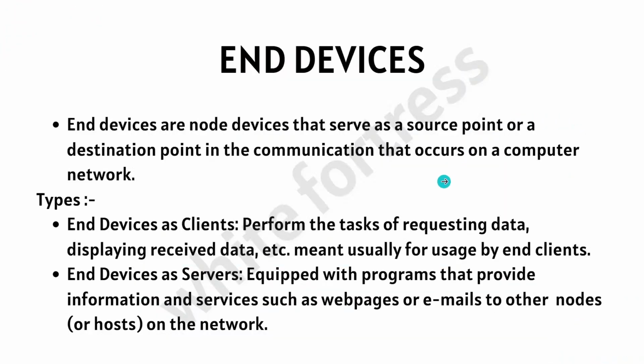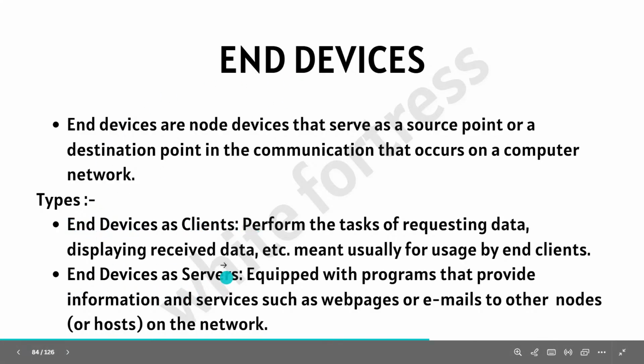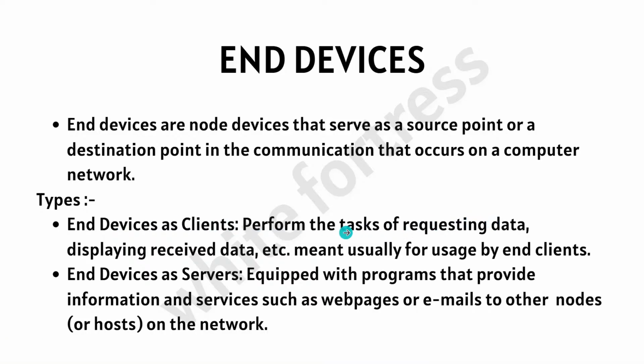So they are either the source point or destination point of a communication session. There are two types of end devices: first, end devices as client, second, end devices as server. A client performs tasks like requesting data and displaying received data, meant usually for usage by end users.